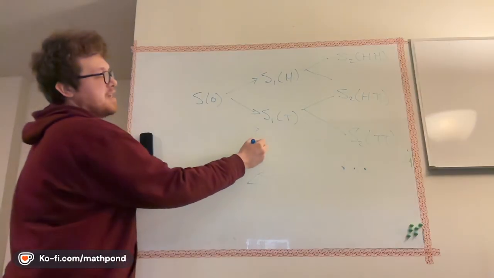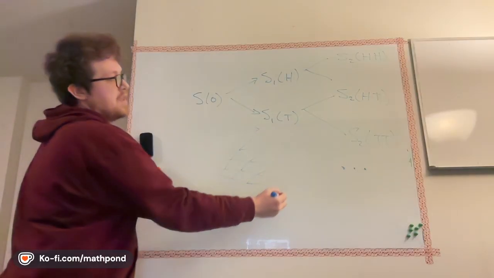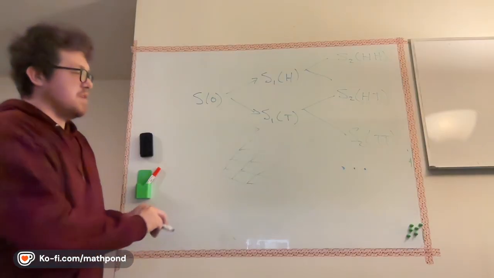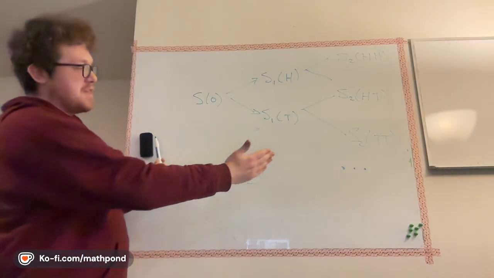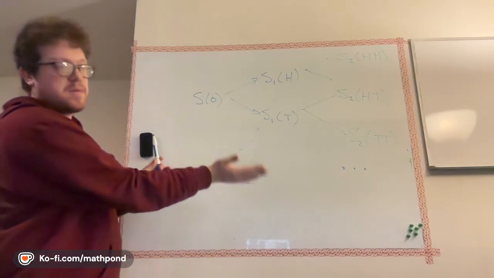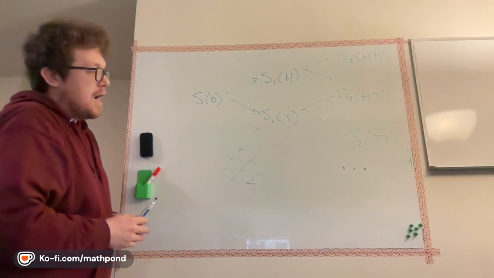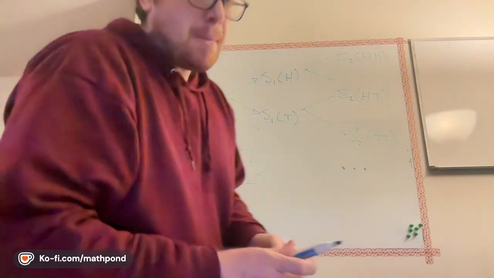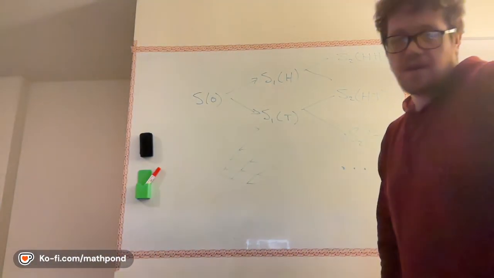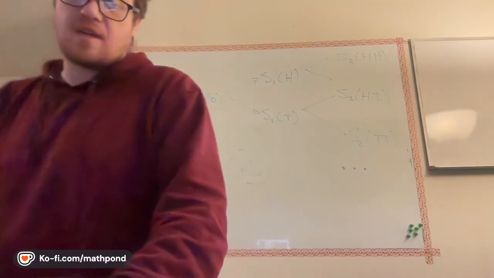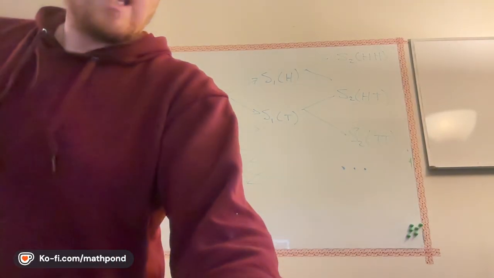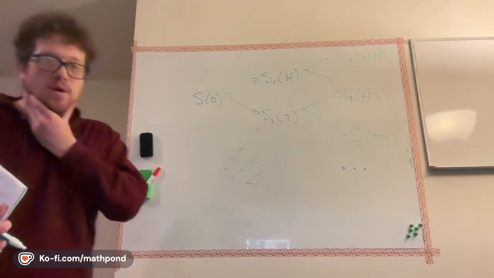But you get the idea: you have this binary tree because at every point you have 2 possibilities, up or down. So that's sort of where we're at here. This was the multi-period model that we talked about last time. Are there any questions about that before I go on?